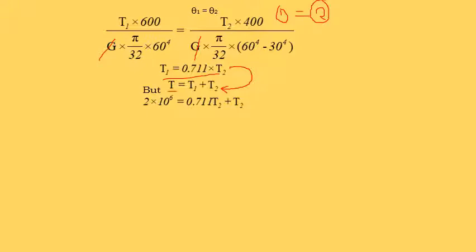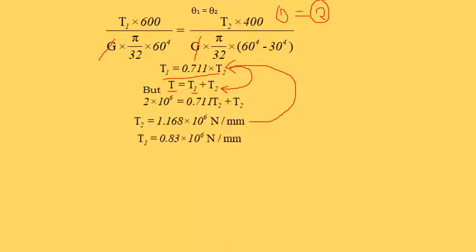Substitute here, and T1 can be written as 0.711 T2. Therefore, after simplifying this equation, T2 is equals to 1.168 into 10 to the power of 6 Newton per millimeter. Then if we substitute this T2 value in this equation, we can determine T1 value. T1 becomes 0.83 into 10 to the power of 6 Newton per millimeter.